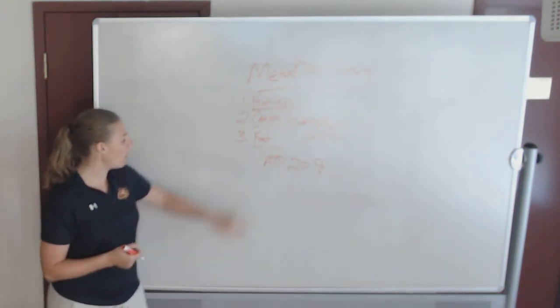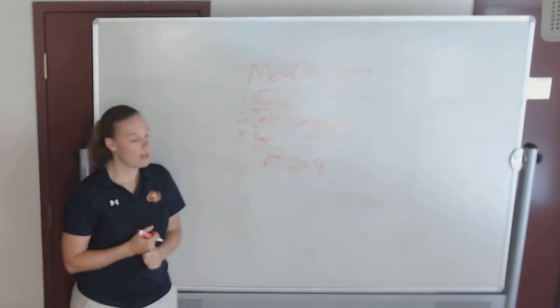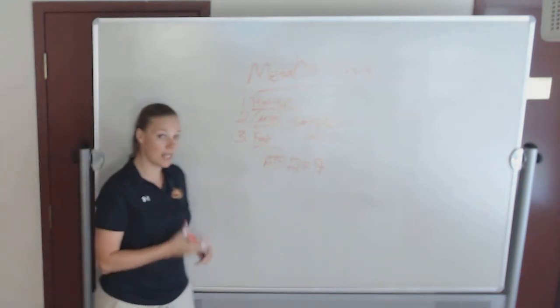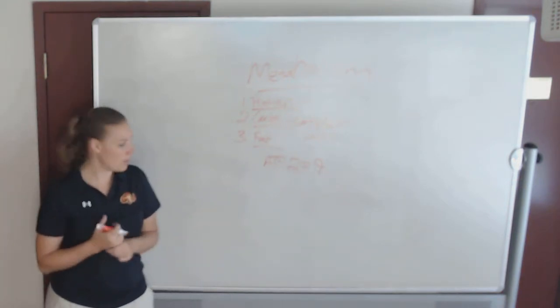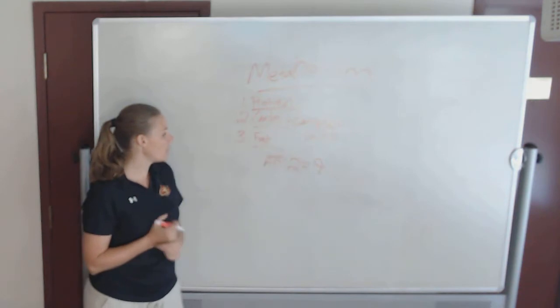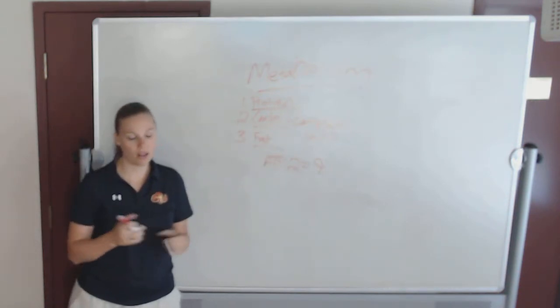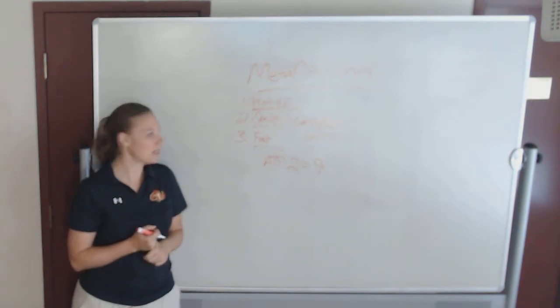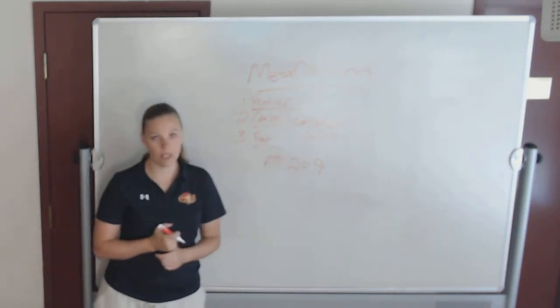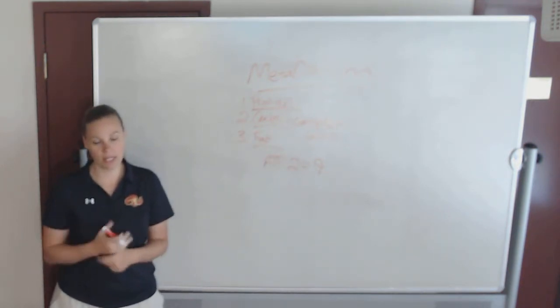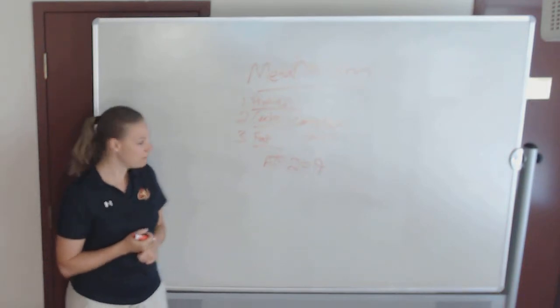There's much more of a breakdown with fat, meaning that it takes a lot more stages to break it down into ATP, whereas with carbohydrates, it takes a faster process to break them down into forms of energy.